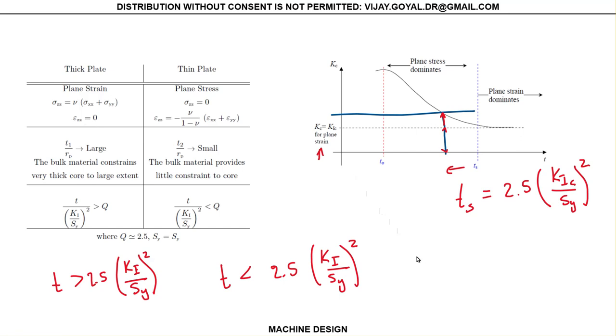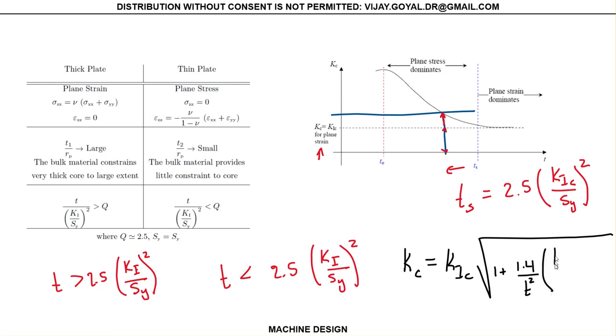Okay, in that case, you're going to use a correction factor, Kc, which is going to equal KIC times the square root of 1 plus 1.4 times t squared times KIC divided by the yield strength squared.